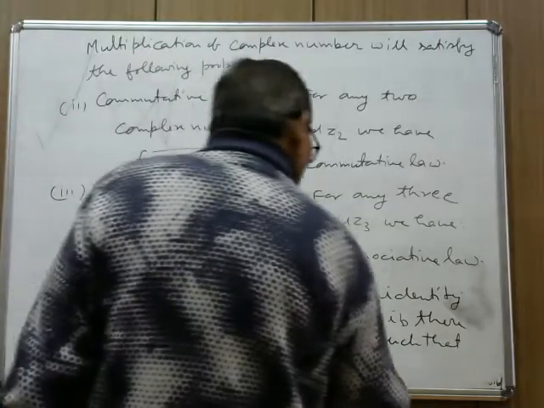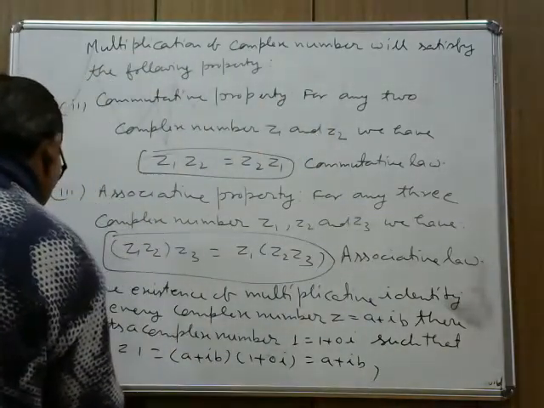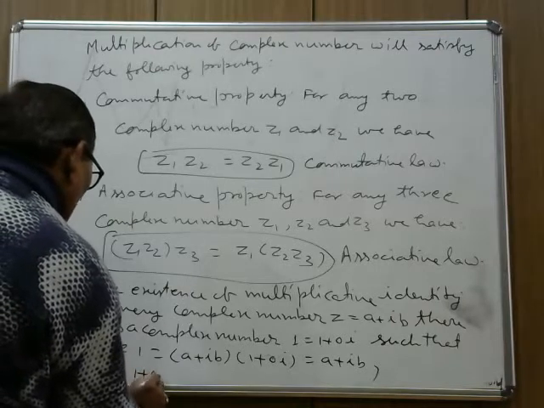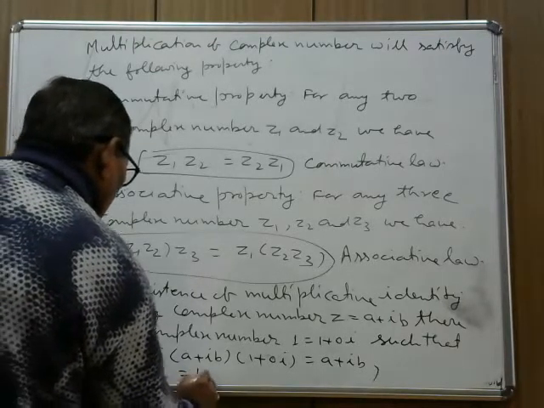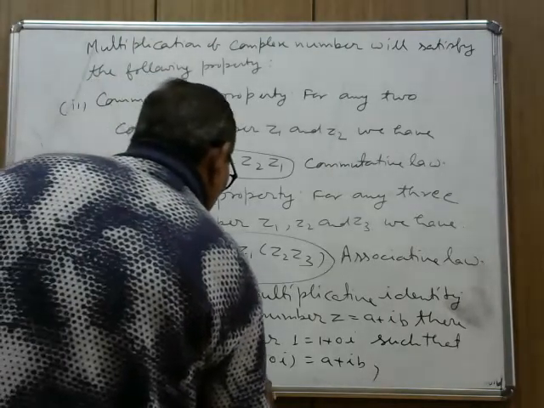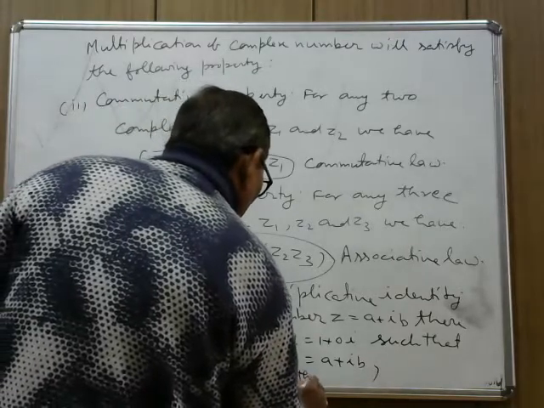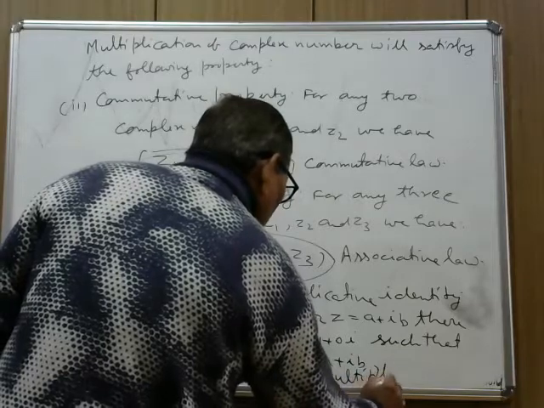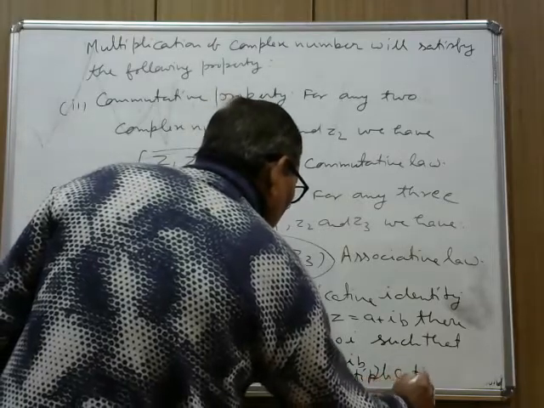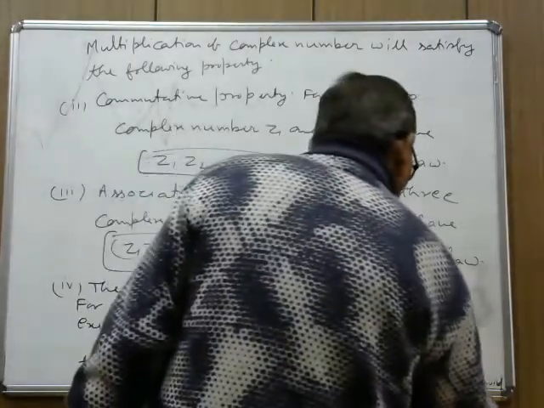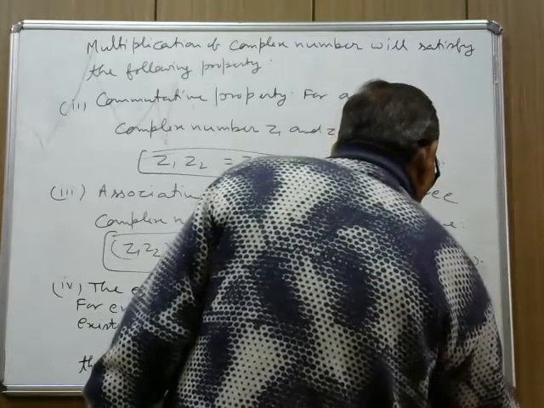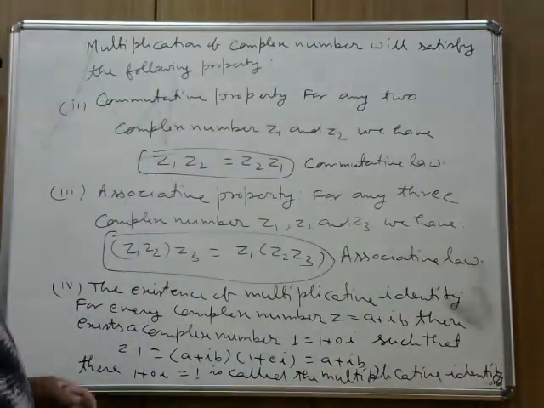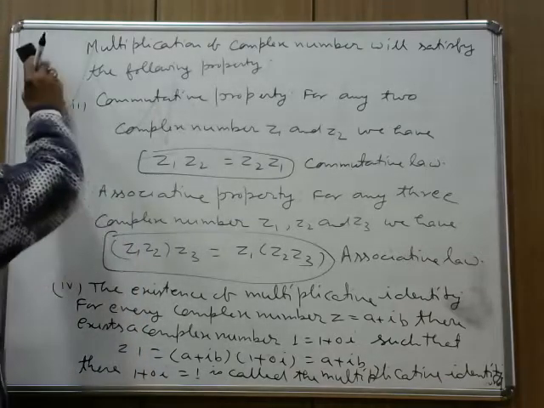Therefore, 1 plus 0i, that is equal to 1, is called the multiplicative identity.